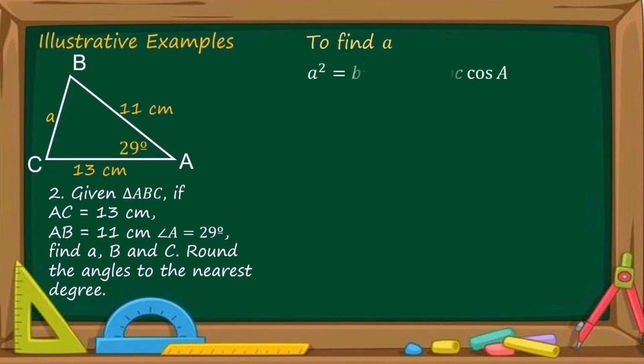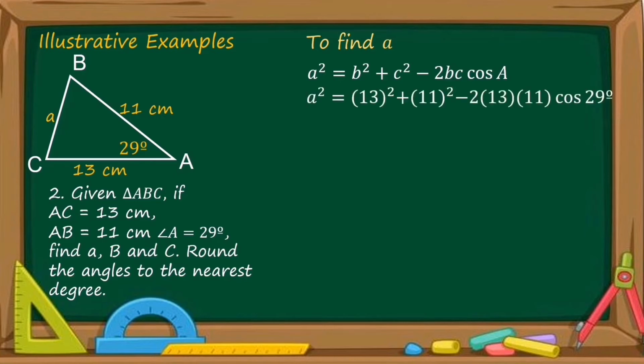By using the formula, a squared is equal to b squared plus c squared minus 2 times b times c times cosine A. Next, substitution of values. So our equation will become a squared is equal to 13 squared plus 11 squared minus 2 times 13 times 11 times cosine 29 degrees.